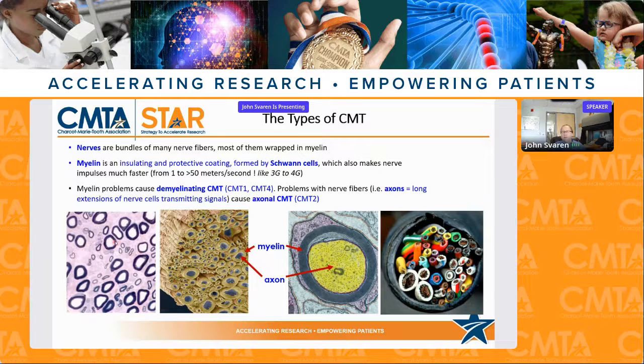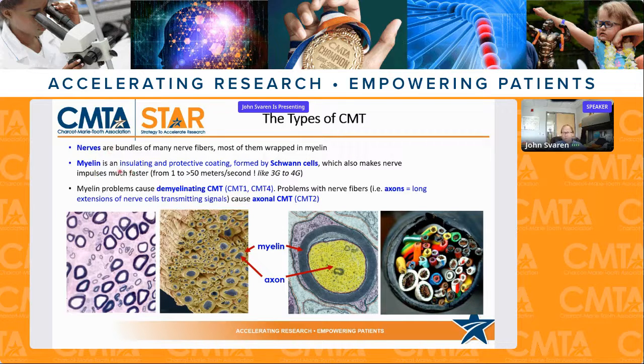The white part in this picture, or the blue part in this picture, are the parts of the nerves that transmit nerve signals from the spinal cord to a muscle, for example. And the coating around it, which is this white part here, or shown in black in this picture, is what we refer to as myelin. This is formed by Schwann cells. And this myelin is not only important to protect the nerve fibers, but it actually makes nerve transmission much faster.